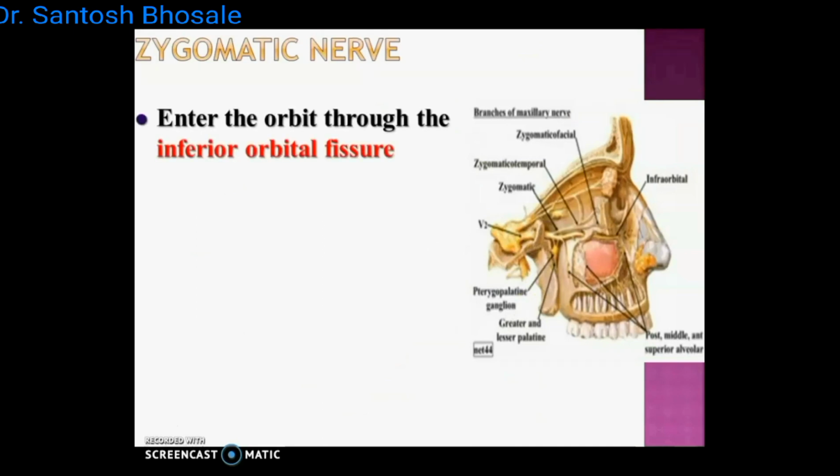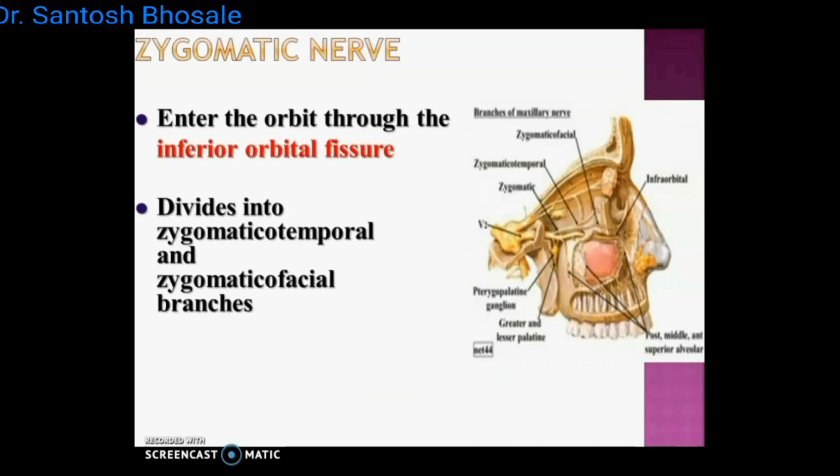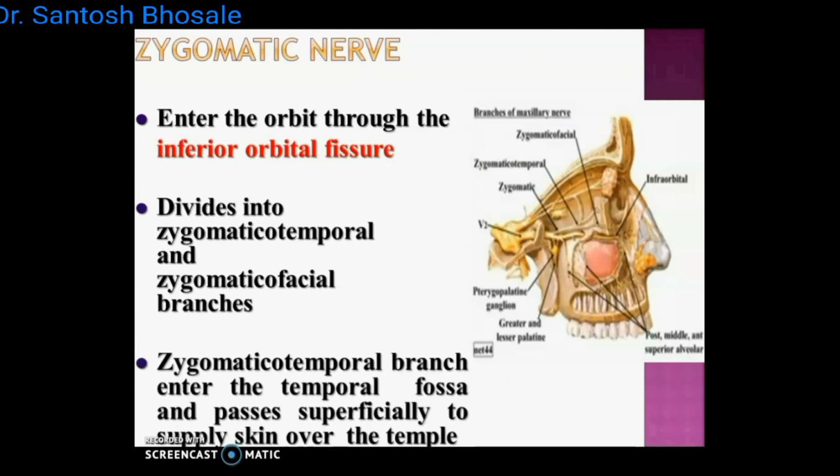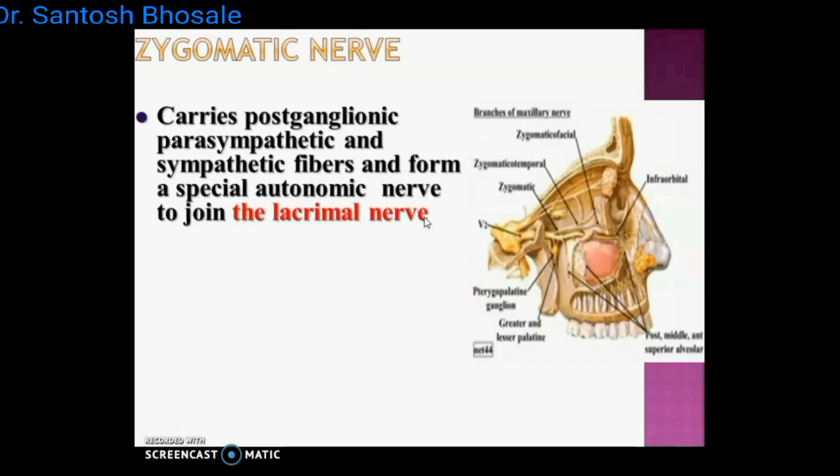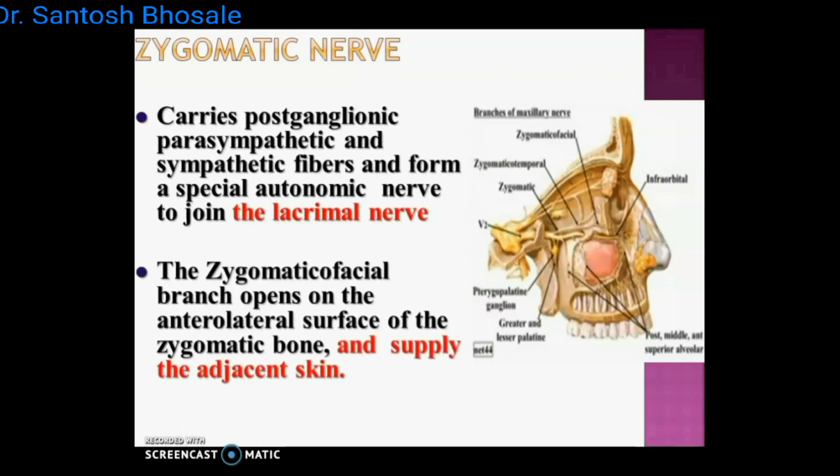Coming to the zygomatic nerve, it enters the orbit through the inferior orbital fissure, divides into zygomaticotemporal and zygomaticofacial, and the zygomaticotemporal branch is carrying the post-ganglionic secretomotor fibers to the lacrimal gland. The zygomaticofacial opens onto the face, supplying the skin.